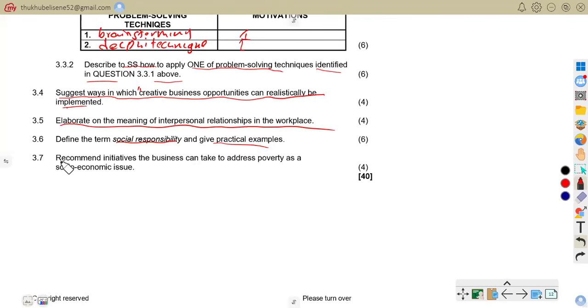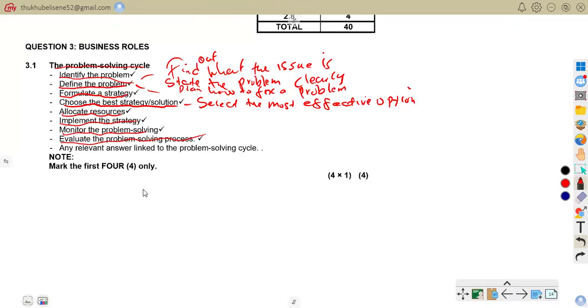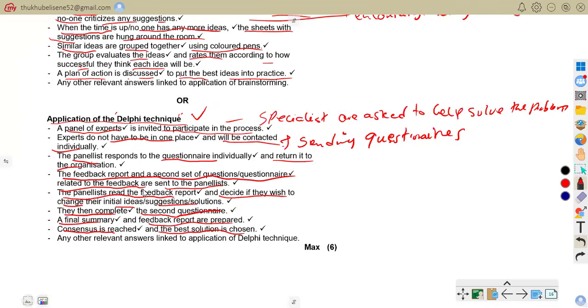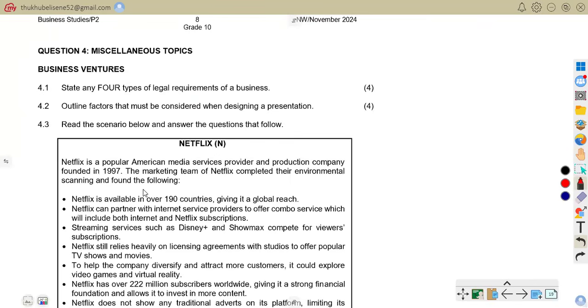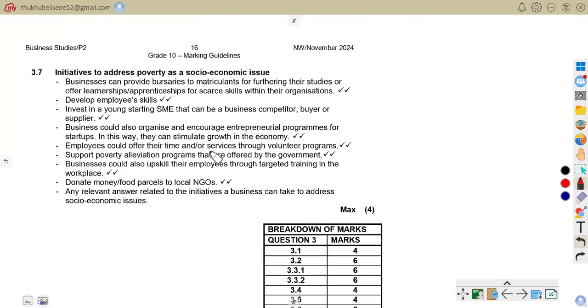3.7. Recommend initiatives the business can take to address poverty as a socio-economic issue.